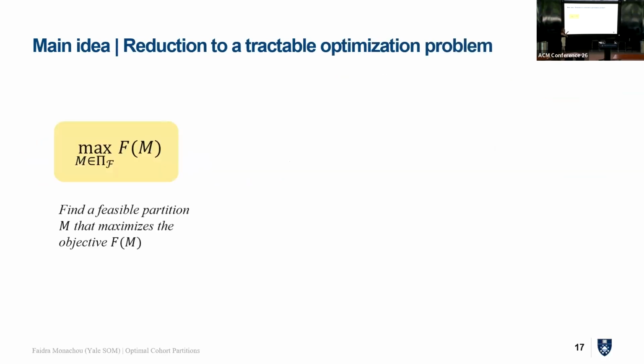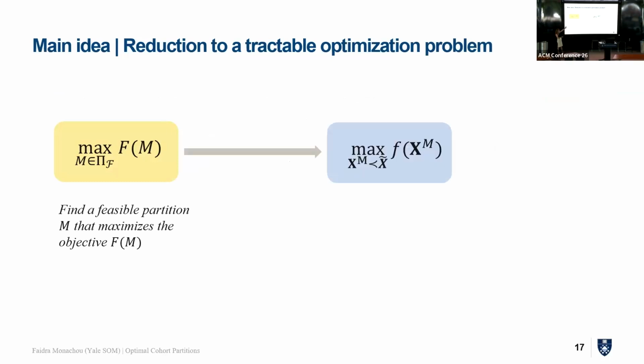And here's the main reduction idea. We start from this general problem, which is computationally very hard to solve, and we're looking for a feasible partition that maximizes function f. But we reduce it to a more practical problem by making two observations.